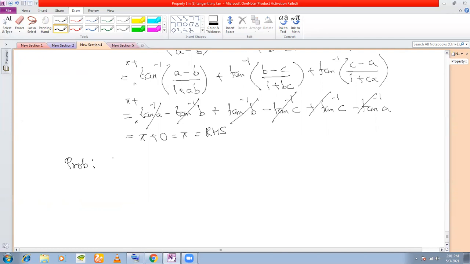Solve. The question here is a little different this time.